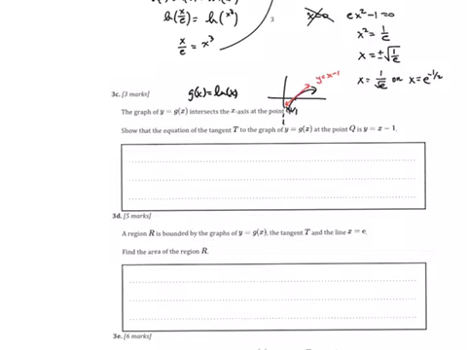All right, so two things I need. I need g prime. G prime of x is 1 over x. That's the derivative of g. So g prime at 1 is equal to 1. That's cool. And so now I have a slope, but I also need a point. So I need to know what g of 1 is equal to, and I already knew that, so it's equal to 0.